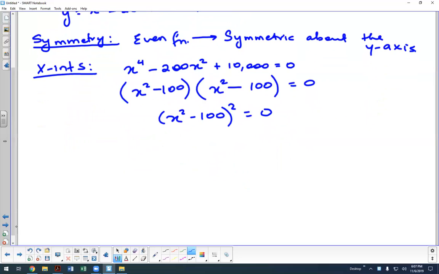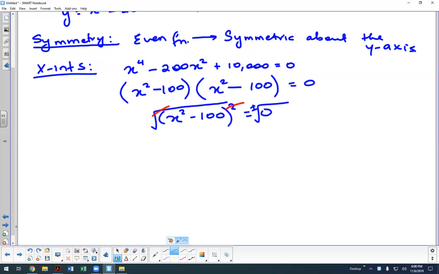What does our x value come out to be? Okay, so if we're taking this to the second power, then of course that means I can do square roots on both sides, with the plus or minus.